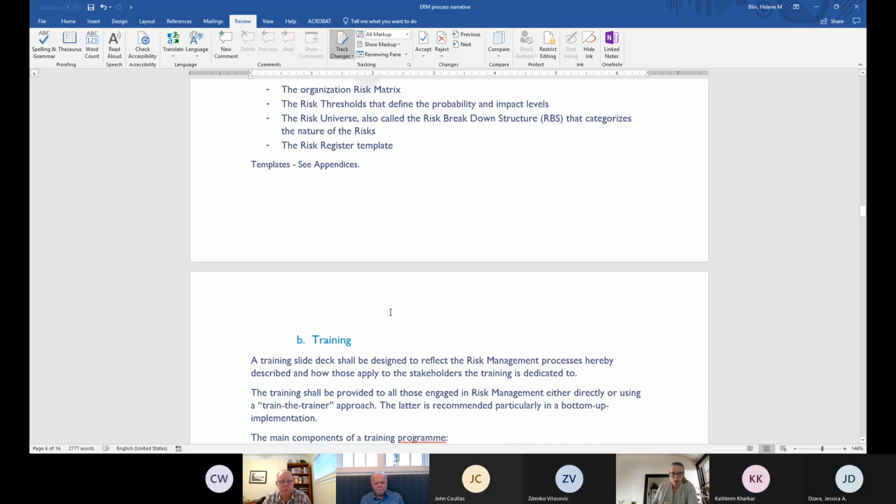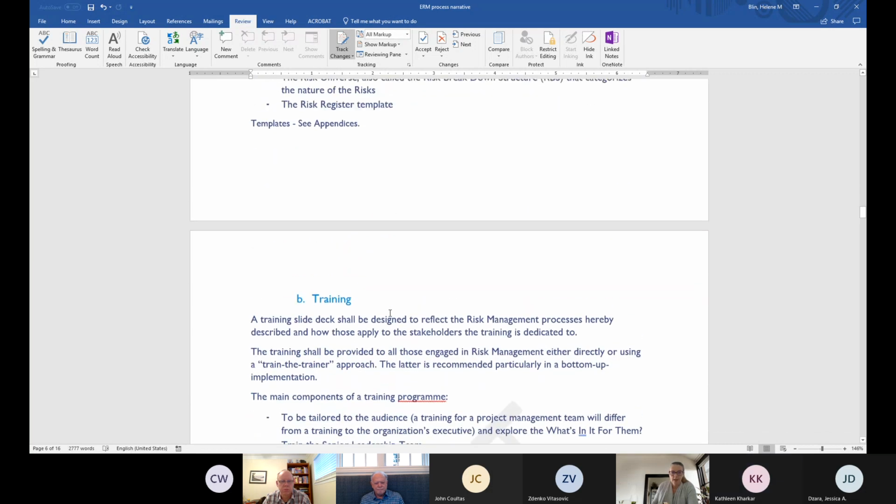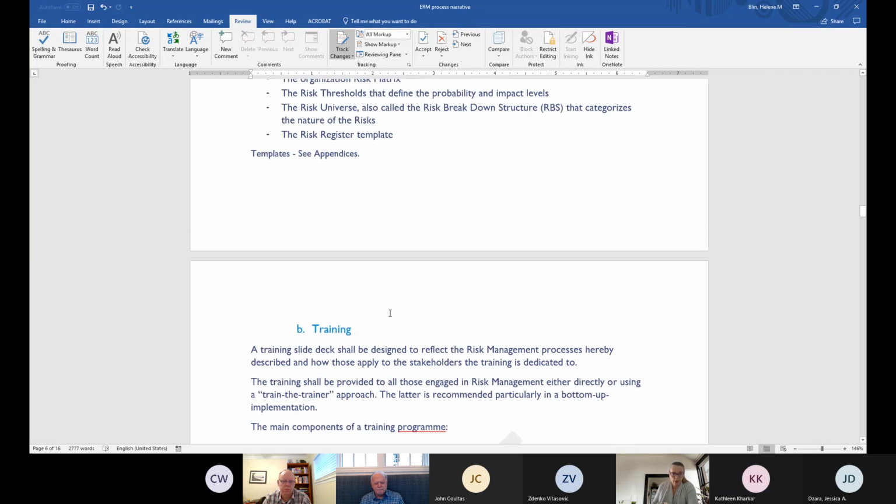Okay. Then we need to train people to bring awareness, culture, and education on what risk management is, if we, of course, want our stakeholders to be engaged in this process. So basically, a few things here: having a slide deck with the main principles, and also engaging them in putting into practice right away what they learn by going through the different risk management cycle phases and taking an example coming from them.